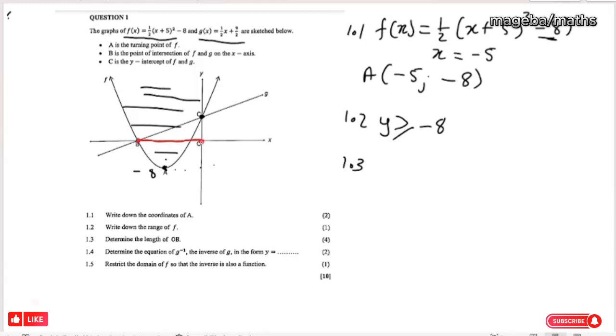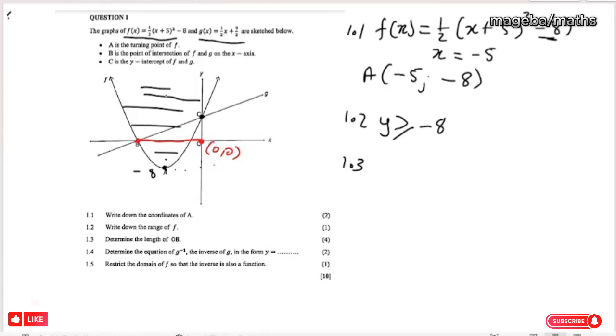We know that the coordinates of O are 0, 0, because that's where the origin is. So from here to here, if we can find the x coordinate of B, then the length is going to be that x coordinate.